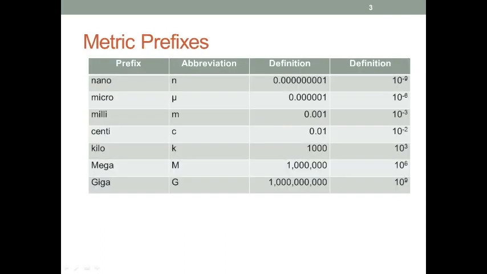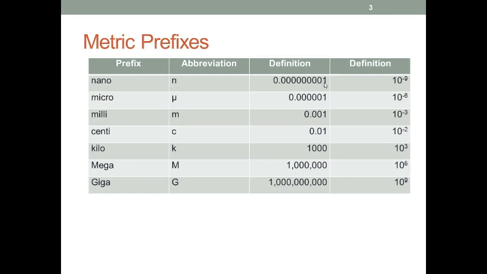This is not a complete list by any standing, but it's a good one to start with. So for example, the metric prefix nano, it's abbreviated with little n. That stands for, if you look, there are 8 zeros followed by a 1. So that is by definition 10 to the minus 9.